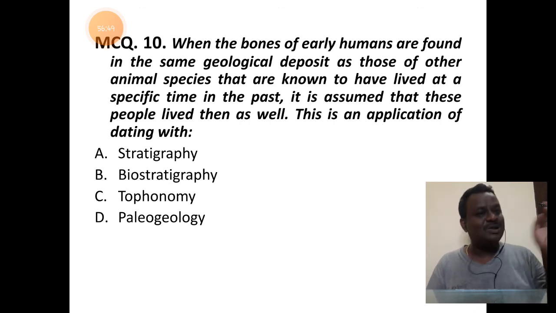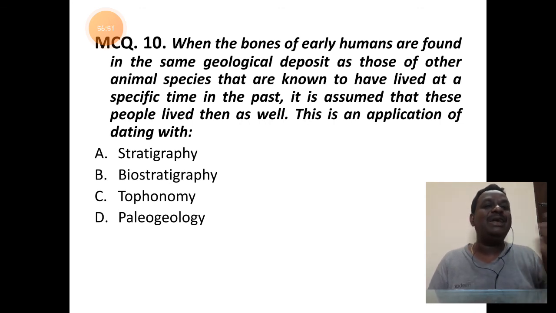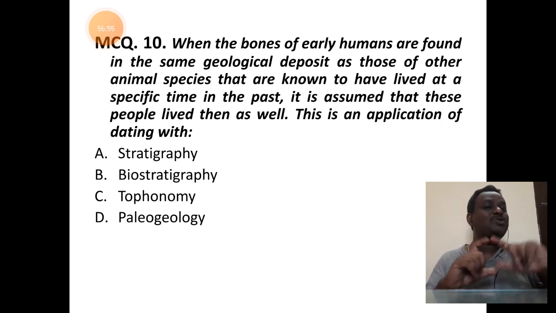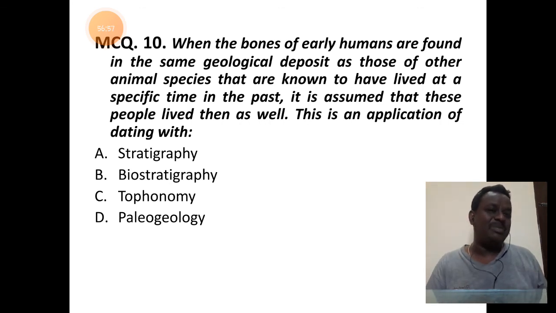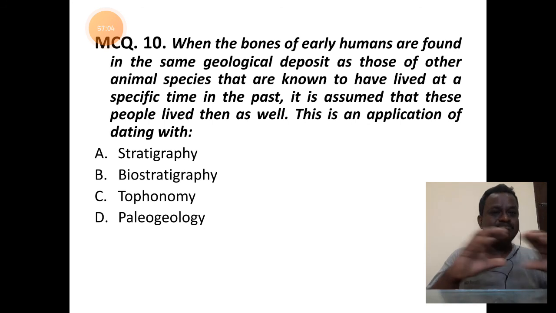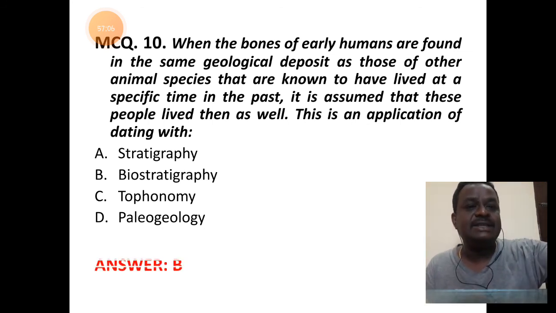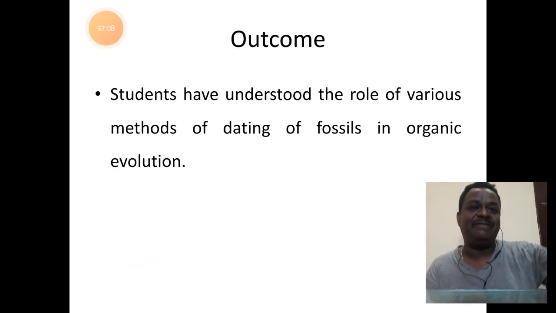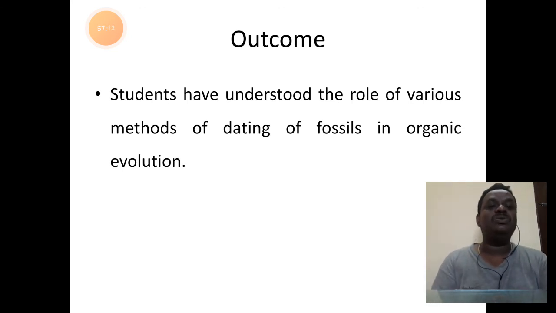Even human beings also lived then. This is an application of which type of dating? So it is related to biostratigraphy, because living organisms along with the layers that are related is biostratigraphy. Answer is B, biostratigraphy.